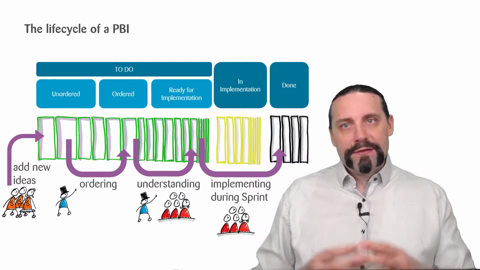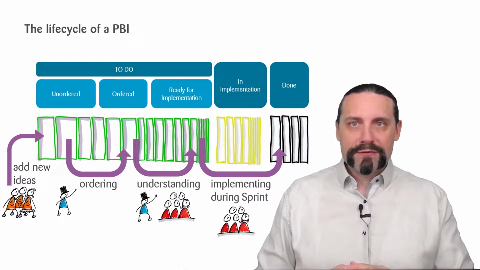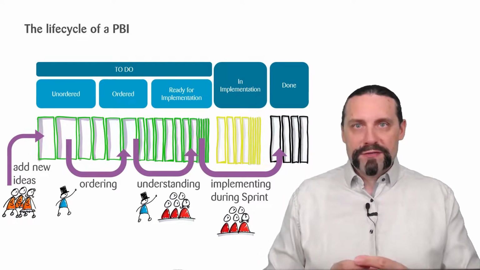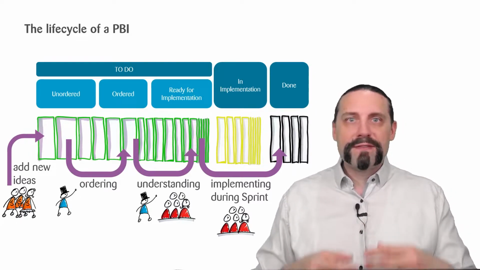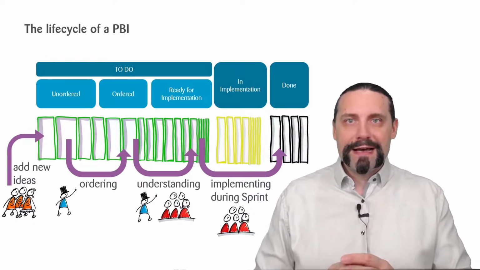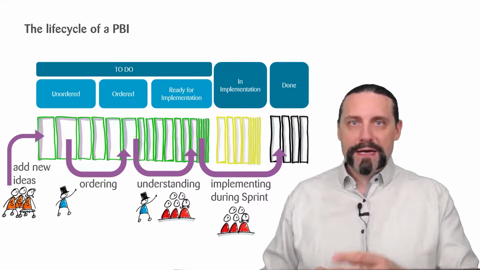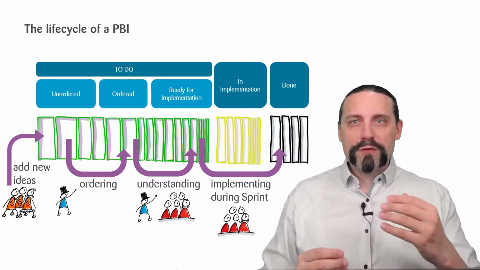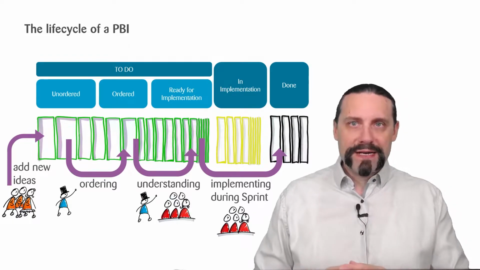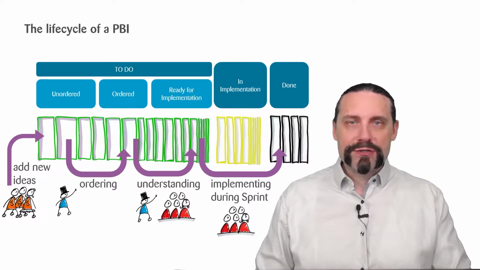After that, the PO takes up this product backlog item and orders it according to business value, risks, and so on. This is something we will look at in a minute. Then, together with the team and the PO, we are going to refine this product backlog item until it is ready for implementation.